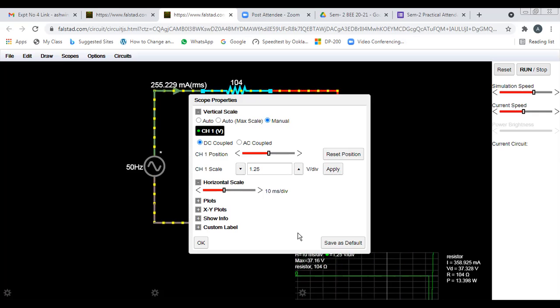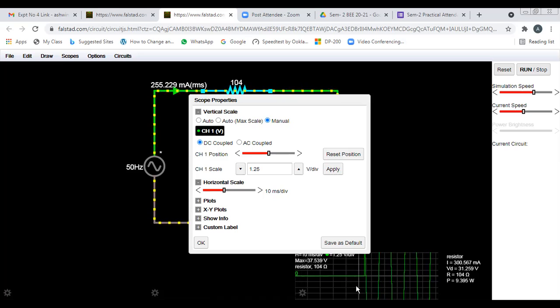I have reduced the scale, and now the waveform is compressed. Can you see? Okay, got it. So using this horizontal scale you can zoom in and zoom out the waveform along the x-axis. Right now 10 millisecond per division is fine for horizontal.